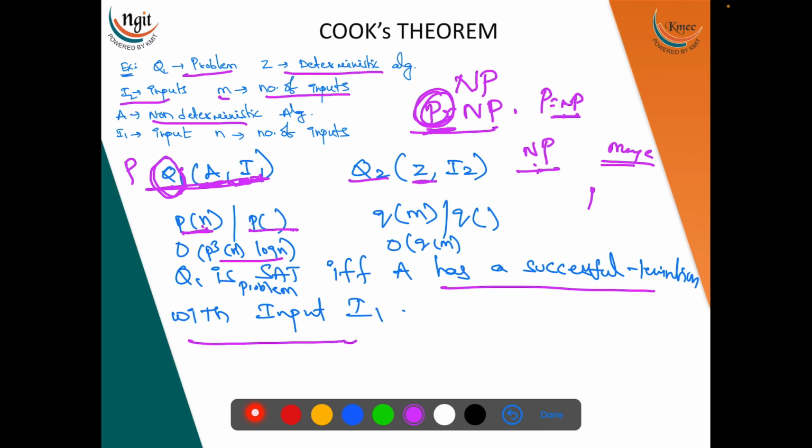A deterministic algorithm Z says that the outcome of algorithm A on any input I can be easily obtained.